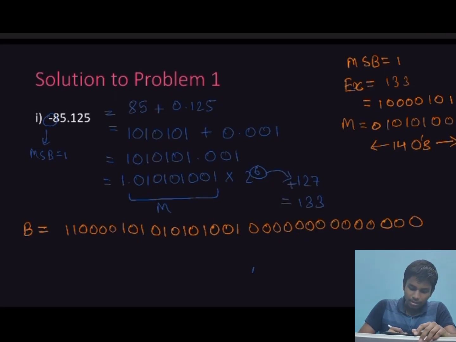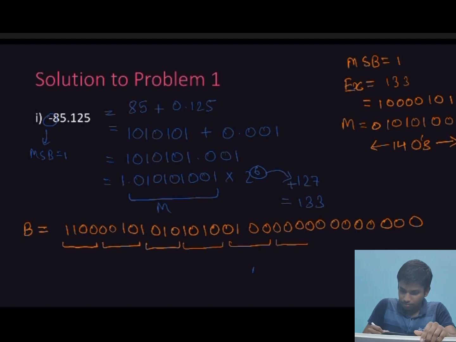Now combining them in groups of 4, we can convert it into hex code. So we will group them in 4 like this. Now here are 8 hexadecimal digits.